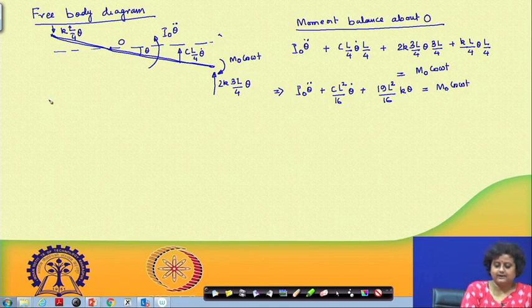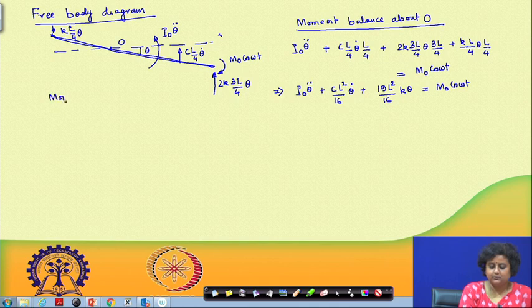Now, let us try to find out the moment of inertia about O.